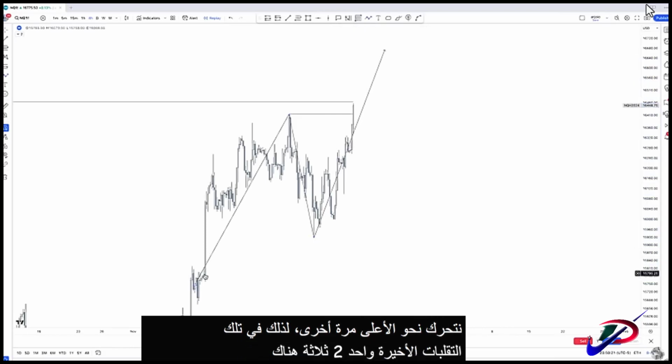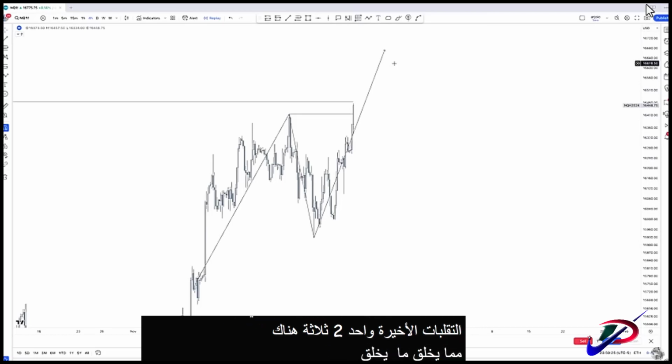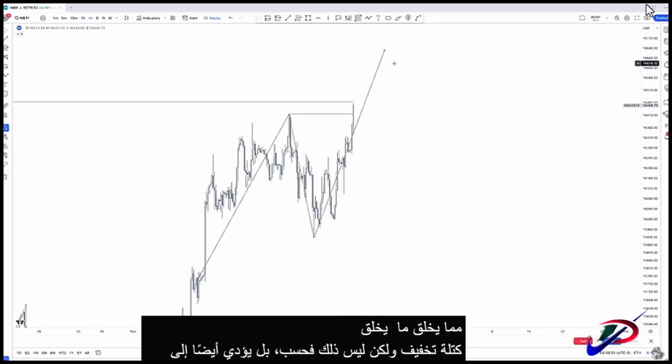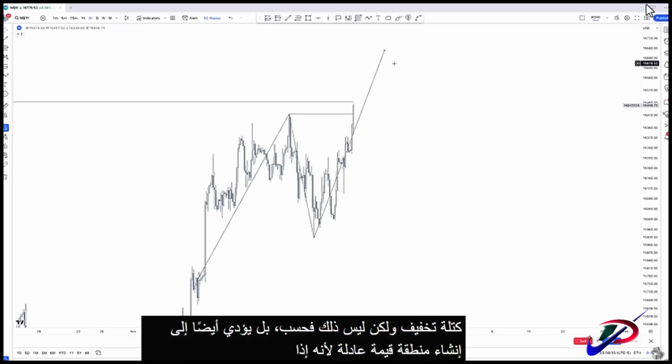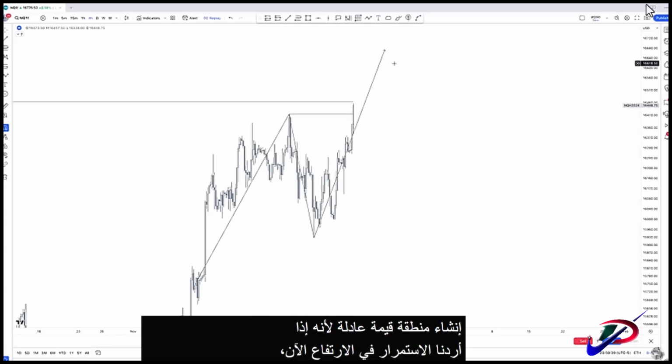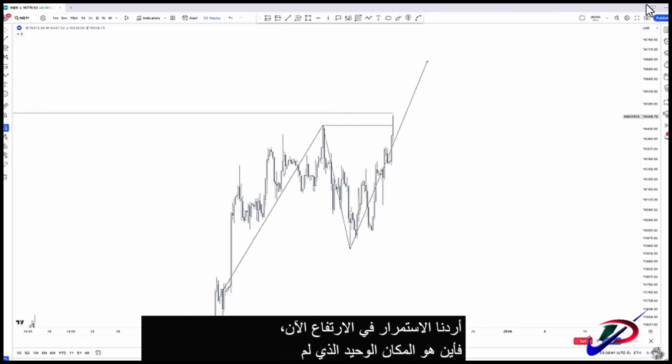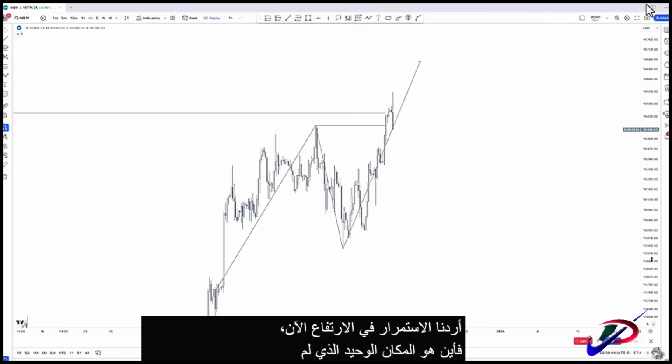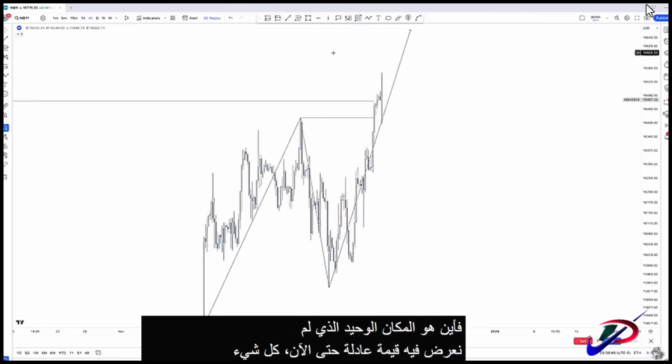So in those recent swings, 1, 2, 3 right there, that creates what? It creates a mitigation block. But not only that, that also creates a fair value area. Because if we want to continue higher right now, then where is the only place that we have not offered fair value just yet?